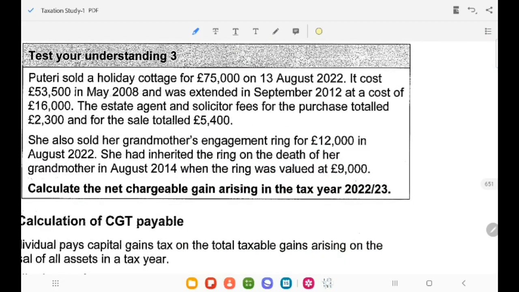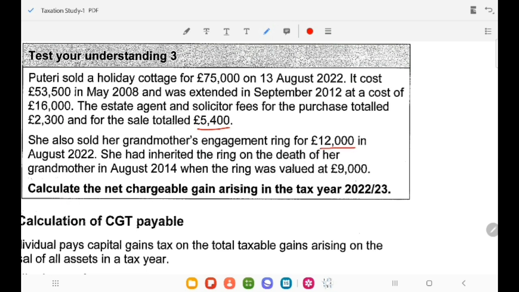In this question, Puteri sold a holiday cottage for 75,000. It cost 53,500 and was extended in September 2012 at a cost of 16,000. The estate agent and lawyer's fee for the purchase is 2,300 and for the sale is 5,400. She also sold her grandmother's engagement ring for 12,000.